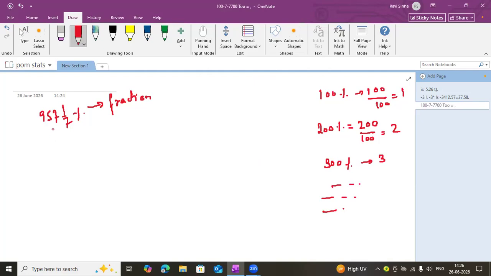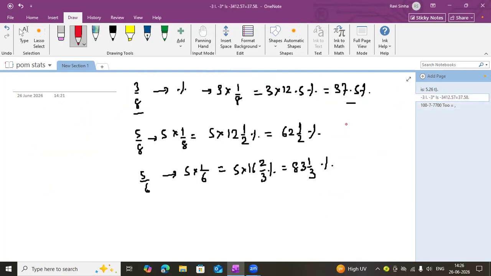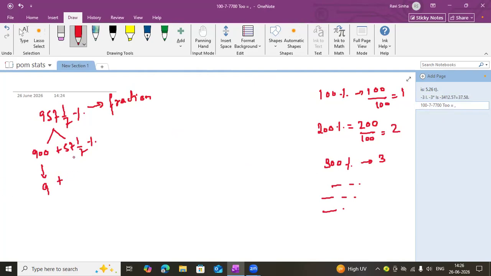So 957 1 by 7% can be written as 900 plus 57 1 by 7%. Now 900% can be written as 9, and we still need to convert 57 1 by 7% into a fraction.